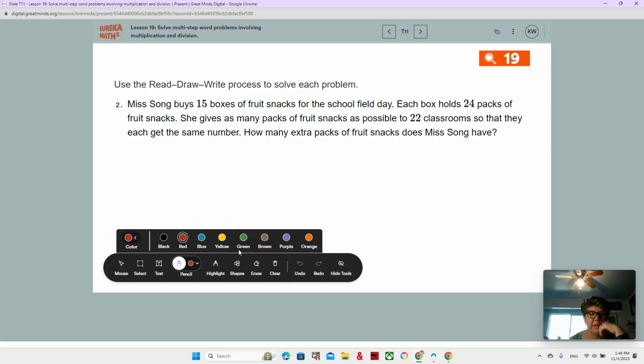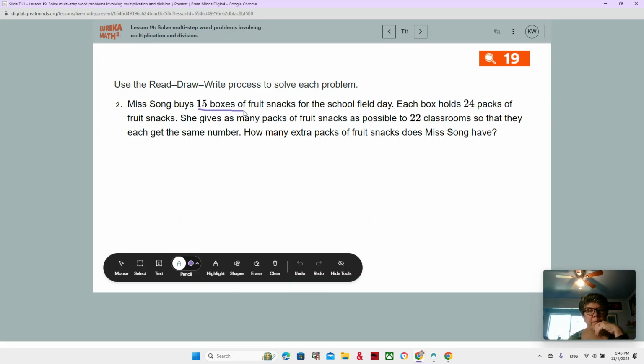So let's break it down and look at what we have. She has 15 boxes of fruit snacks, and each box has 24 packs of fruit snacks. So we're thinking about Costco, a big box of fruit snacks. Hopefully you've had one of those before. I don't know if you like fruit snacks.